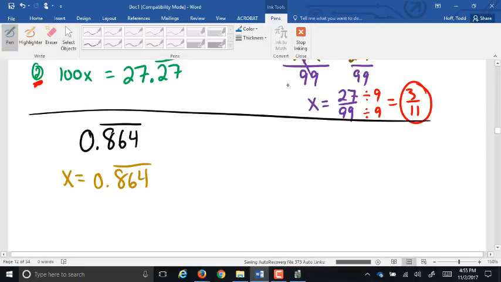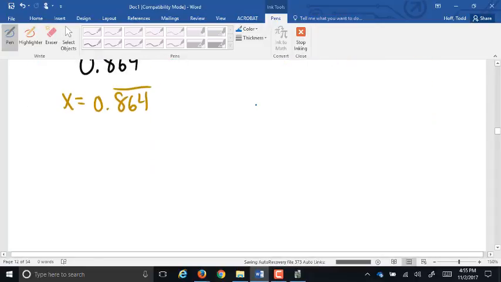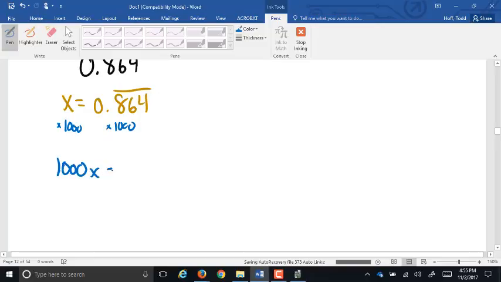What are we going to multiply by here? 1,000, because there's 3 digits that repeat. So that gives us 1,000x equals 864.864 repeating.